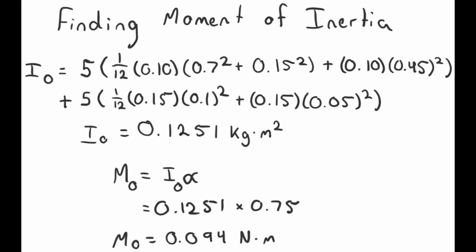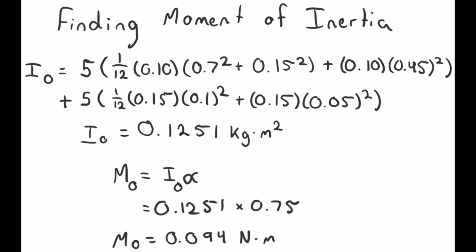Now in the solution, I did the summation of the parallel axis theorem. For the first line, I did the parallel axis theorem of the thin plates, and since there are 5 of them, I would be adding each one individually. Since they are all the same distance away, it should be multiplied by 5.